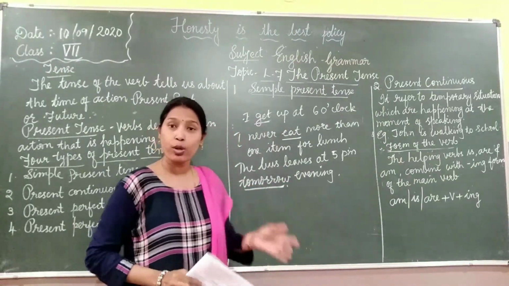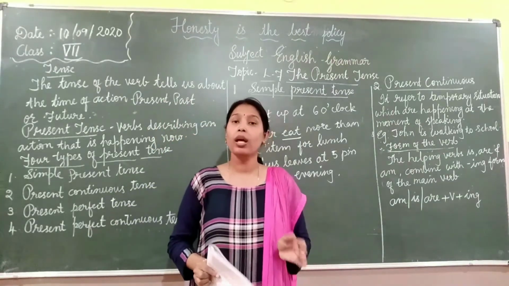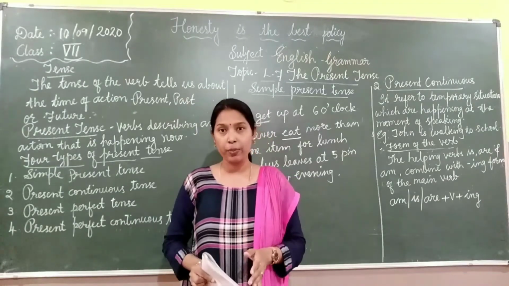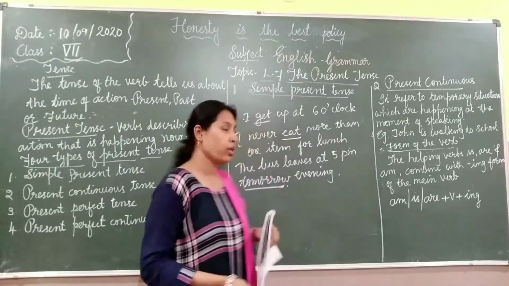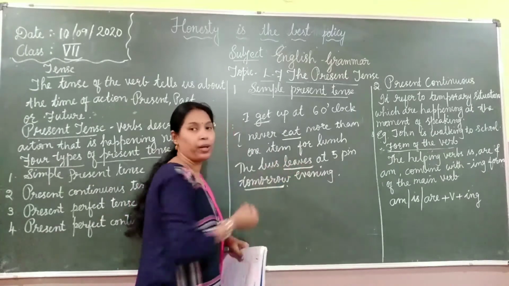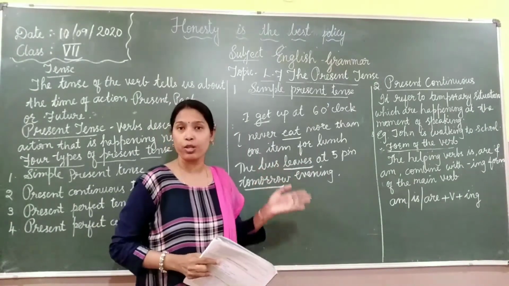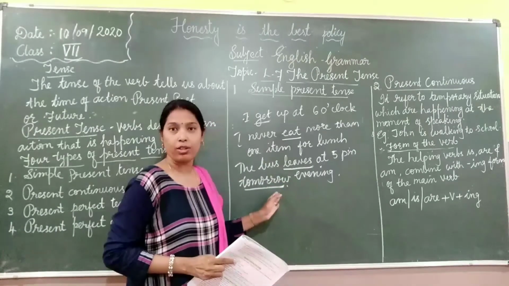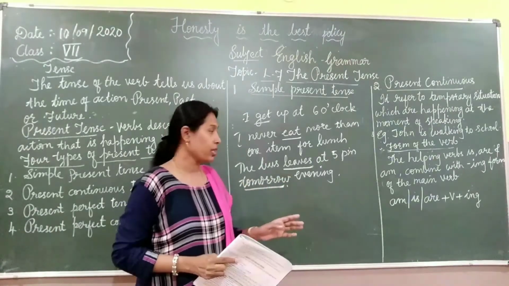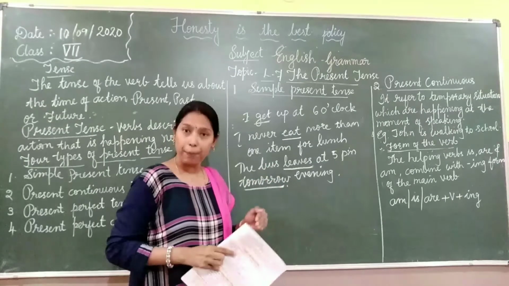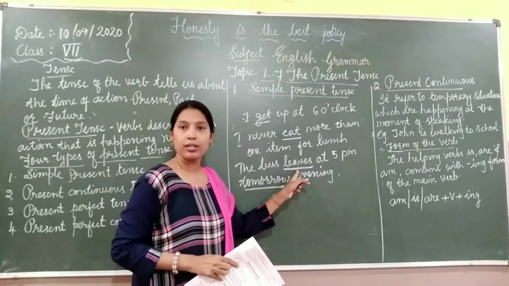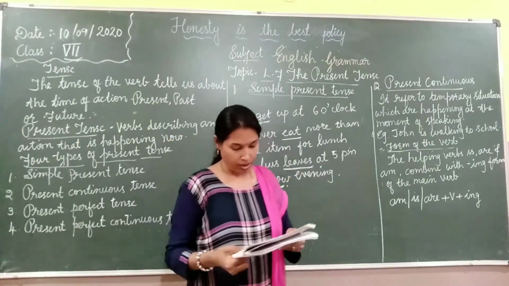But you are sure that it's fixed. The bus will leave tomorrow evening at 5 p.m. for sure. In that case, you can use the simple present form of the verb. Okay? We don't need to use future tense, because it's going to happen in the future, right? But we don't need to use future tense. If it is a fixed plan, then we can write in simple present form.